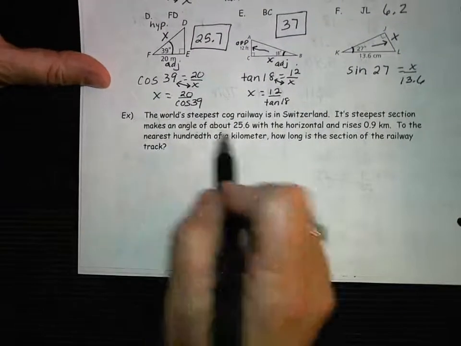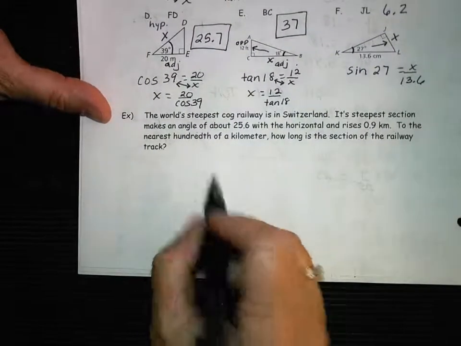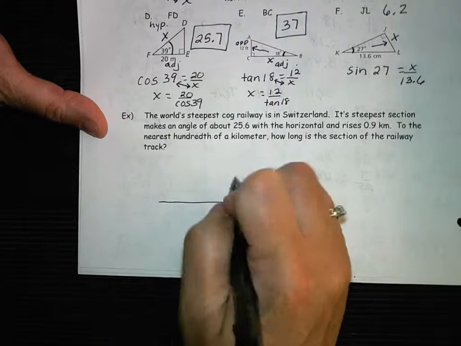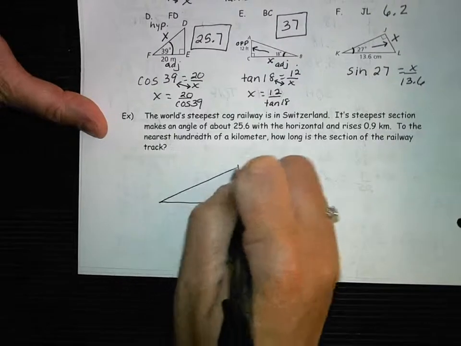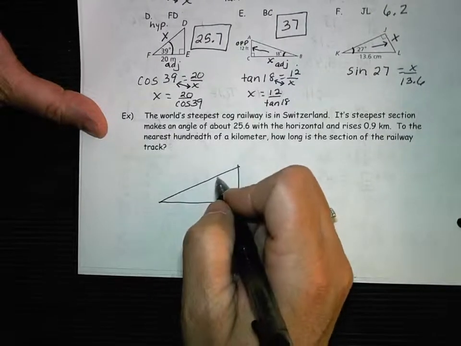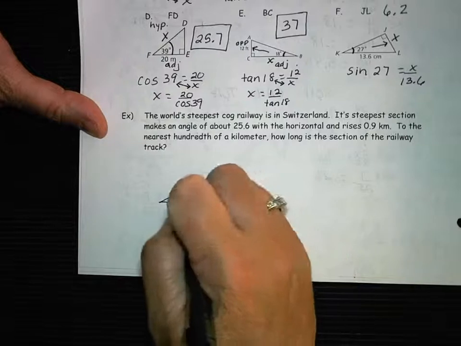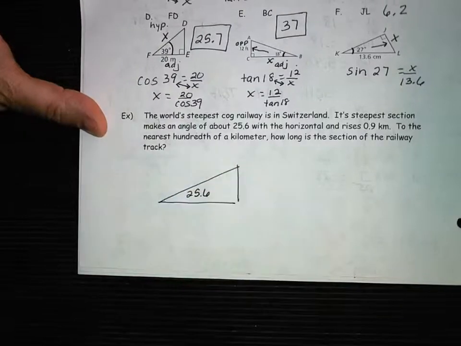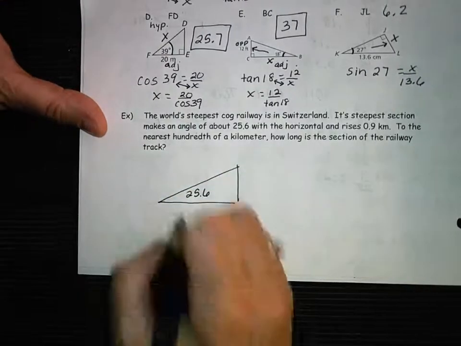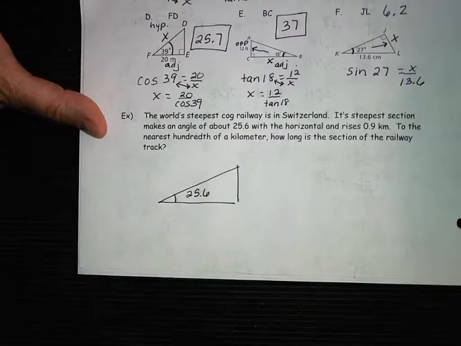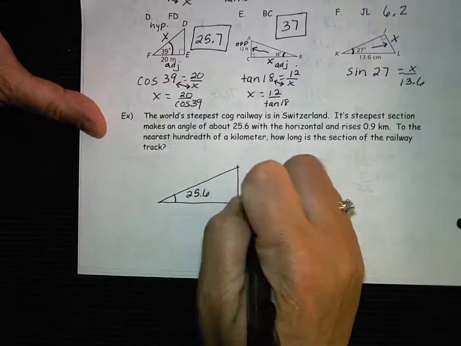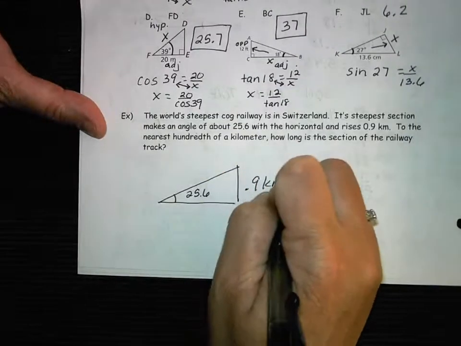And then the next example, the world's steepest cog railway is in Switzerland. The steepest section makes an angle that is 25.6 degrees. So right here is 25.6, and it rises 0.9 kilometers.